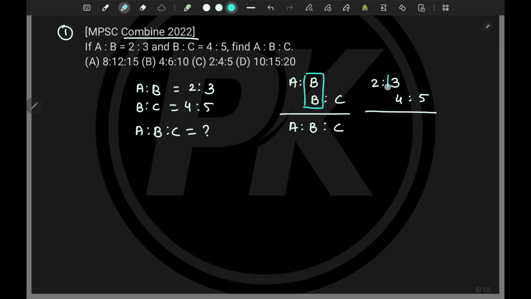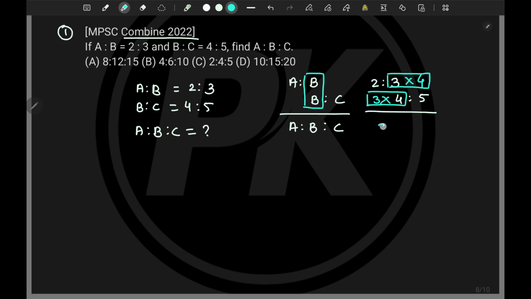Are these numbers common? No, these are not common. To make it common, I have to multiply this equation by 3, and I have to multiply this equation by 4, so that I will get this number as 12 and this number as 12.